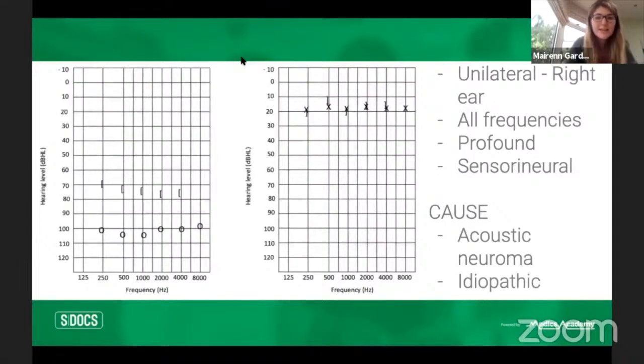Going on to the third case. This one looks slightly confusing because although there's quite a big gap between the bone and the air conduction, which might make you think conductive, actually bone conduction is still abnormal, which means again it is sensory neural hearing loss.